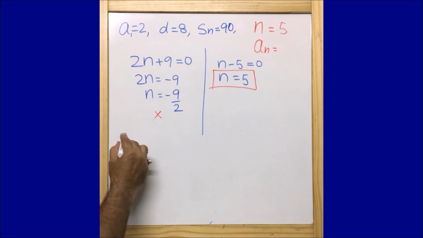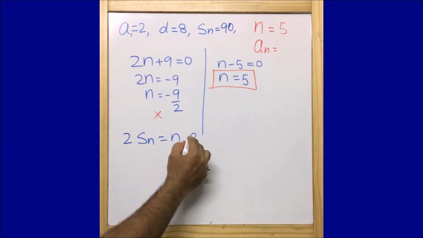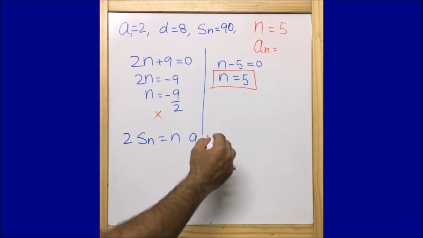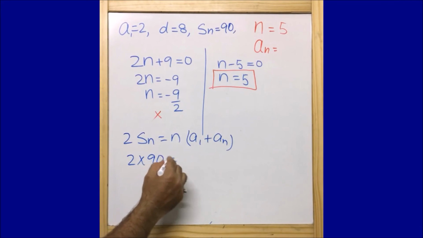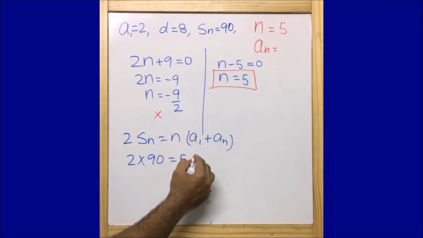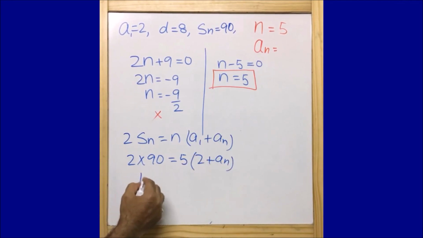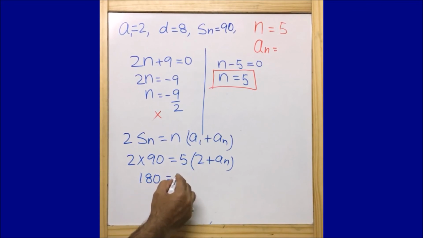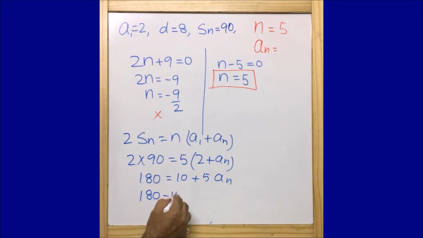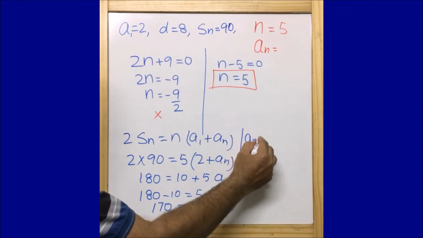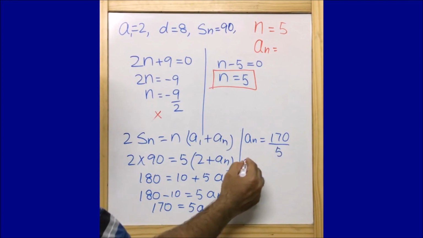Now I can write 2Sn is equal to n into a1 plus an, because we are going to find this an value. 2 into Sn is nothing but 180, and n value we got 5, a1 we know is 2, so 180 is equal to 5 into 2 plus an. Or 180 is equal to 10 plus 5 an, or 180 minus 10 is equal to 5 an, or 170 is equal to 5 an, or an is equal to 170 by 5.